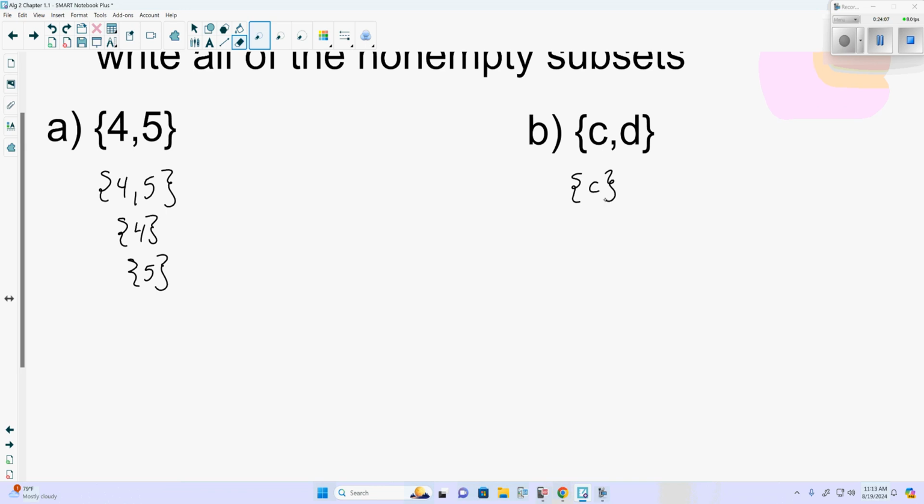Because we can have the set containing C, the set containing D, and the set containing C, D. They both have three subsets.